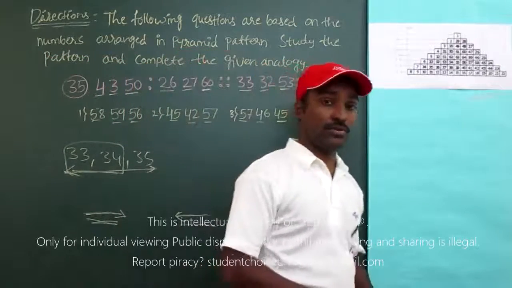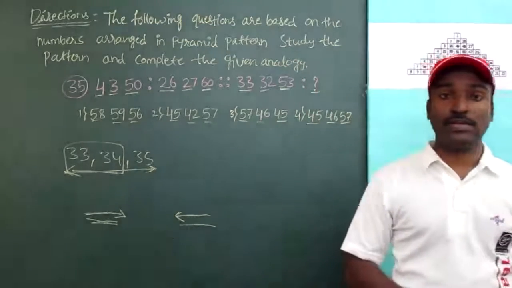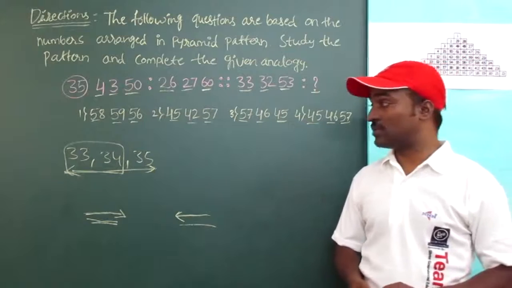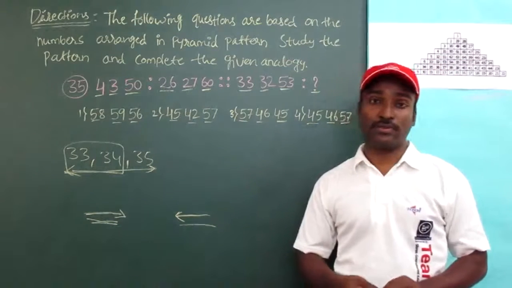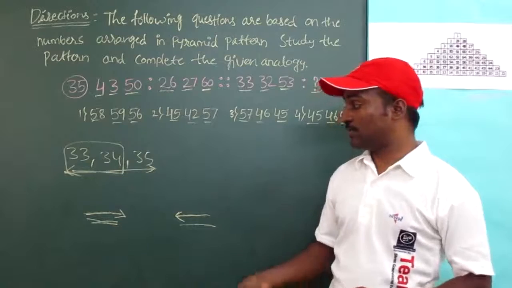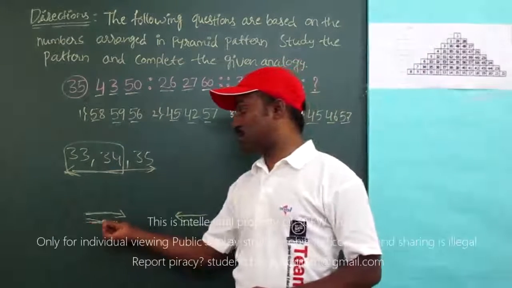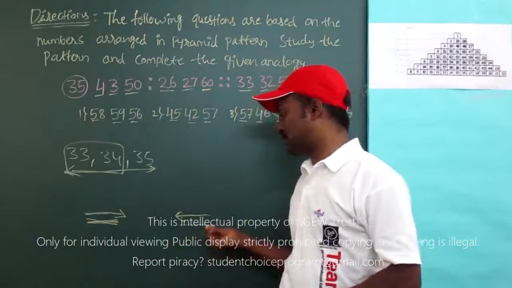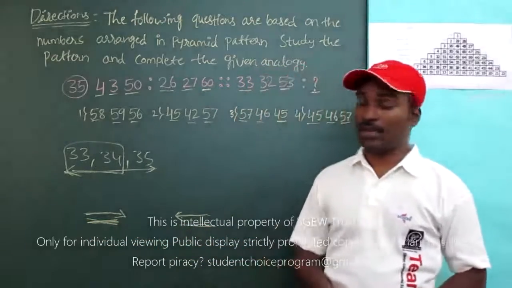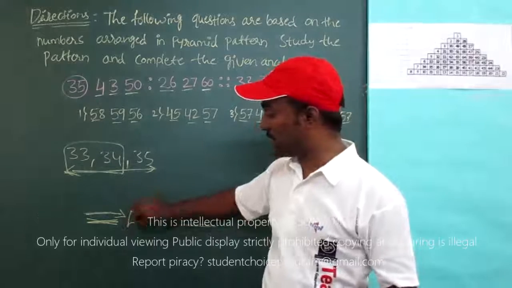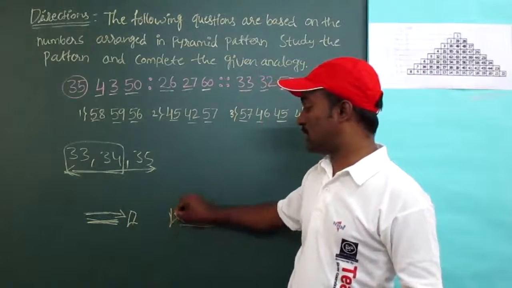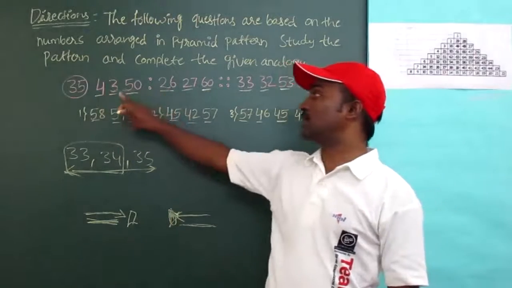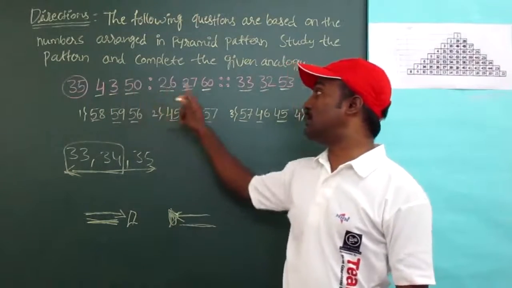So this is also an example based on the same analogy which was explained in the previous examples 33 and 34. We have to leave the same numbers from this direction as well as from this direction, and the numbers present at this place are written here and here, here and here, here and here.